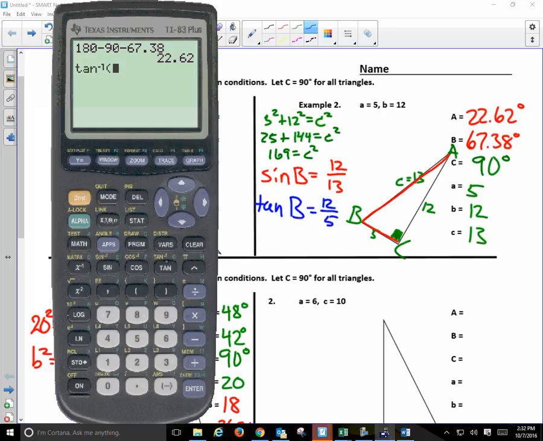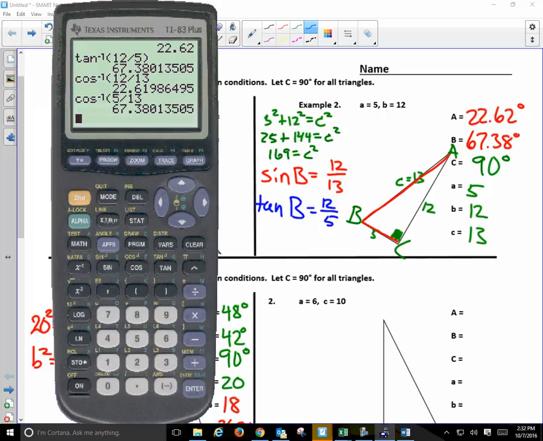Second tan. 12 over 5. Boom. Your calculator knows. If you tried cosine, you would have cosine of 5 over 13, and your calculator knows.